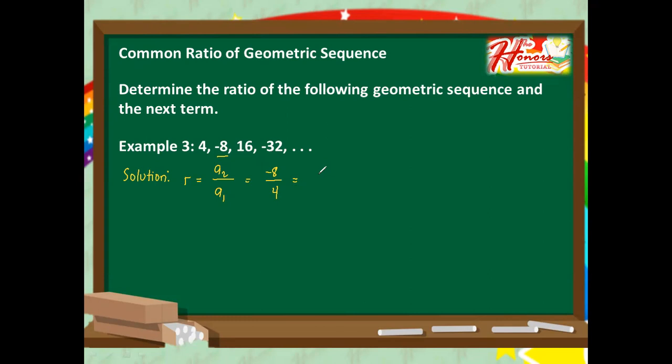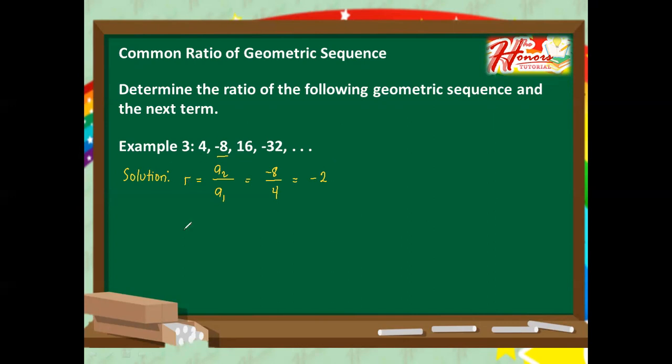Negative 8 divided by 4 is negative 2. It is because when we divide a positive and a negative number, we should get a negative answer. Then just divide 8 and 4. 8 divided by 4 is 2. So the sign is negative.